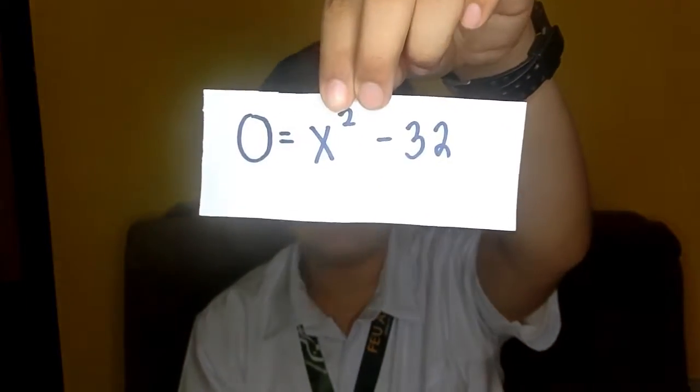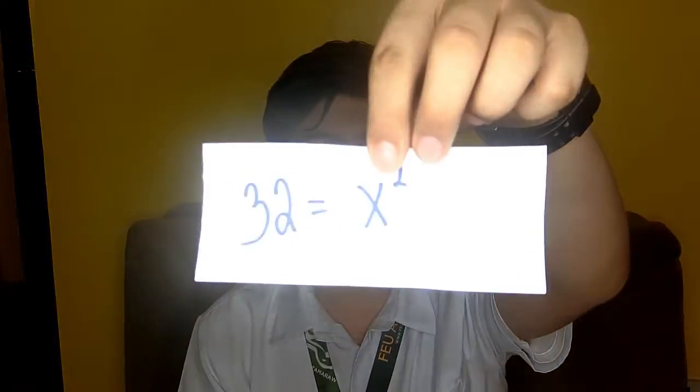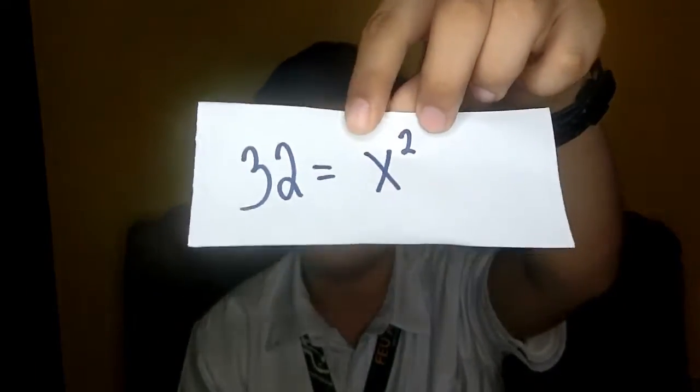To find the first value of x, we use the first factor, which is 0 equals x squared minus 32. The next step is to move negative 32 to the other side. It will be 32 equals x squared.